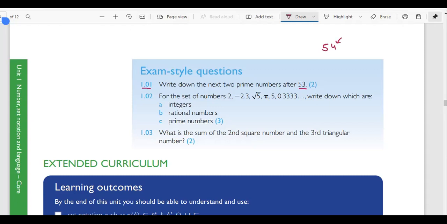Then 55. What about 55? It would be divisible by 5, so it cannot be a prime number. 56, again, has an even number over here, so it would be divided by 2. Then we have 57. What about 57? Is it a prime number?